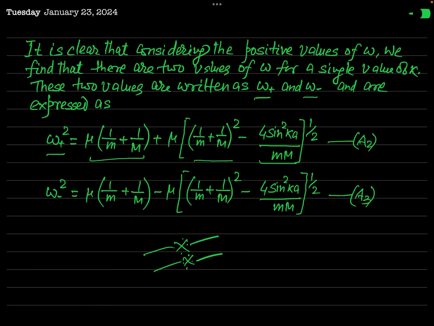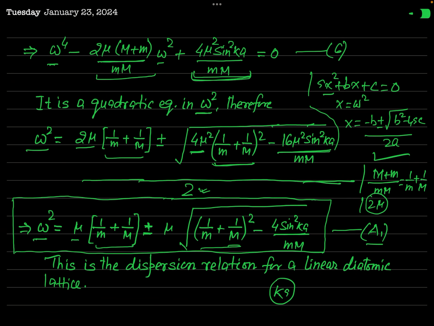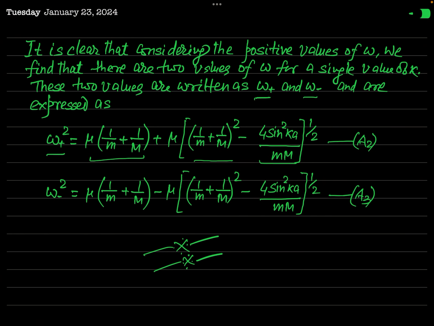And when you take the minus sign of equation A1, you get omega minus square, which is simply equal to mu times (1/m + 1/M) minus mu times a square root of (1/m + 1/M) whole square minus 4 sine square Ka divided by m times M. So actually there are two branches of frequency.